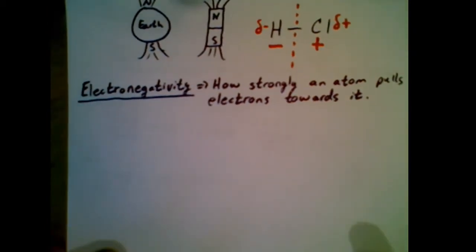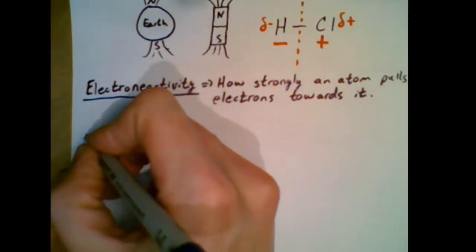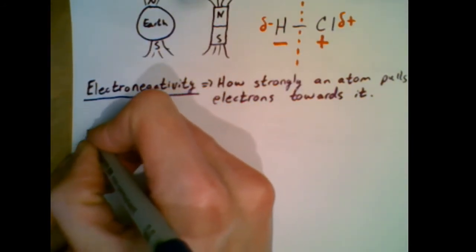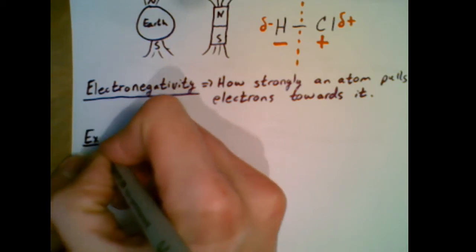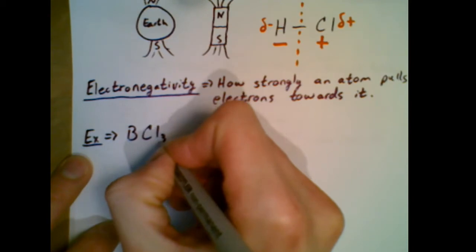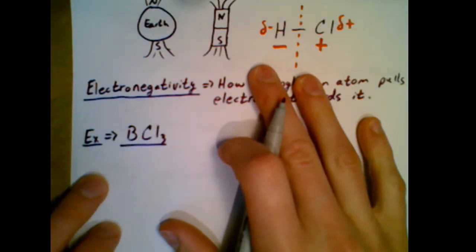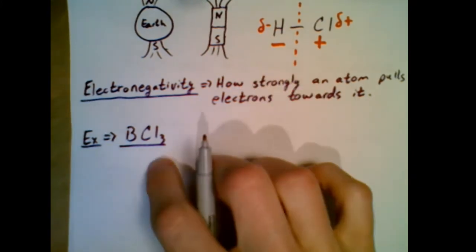And to understand polarity, let's look at some examples. What we're going to do is determine if a substance is polar. And to do this, we have to do a couple of things. Number one, as you probably guessed, we have to draw the Lewis structure.